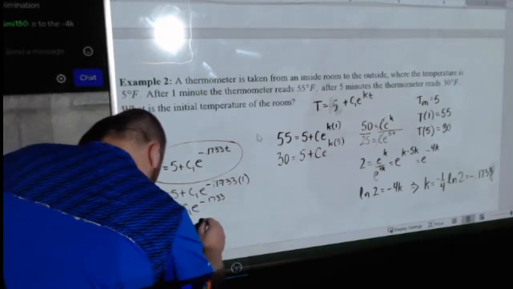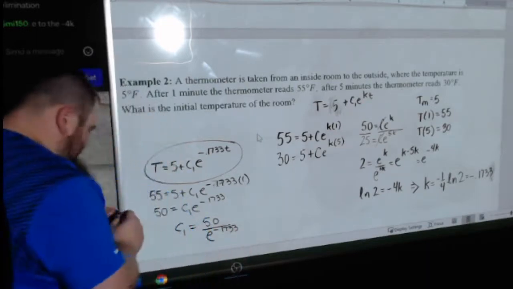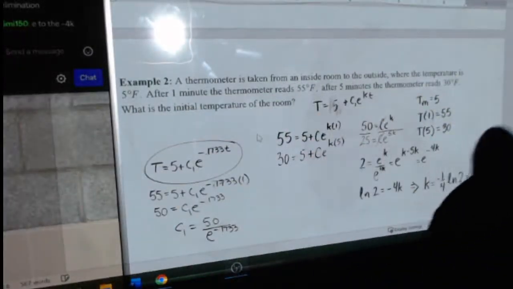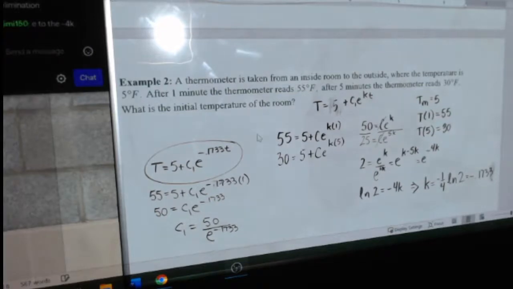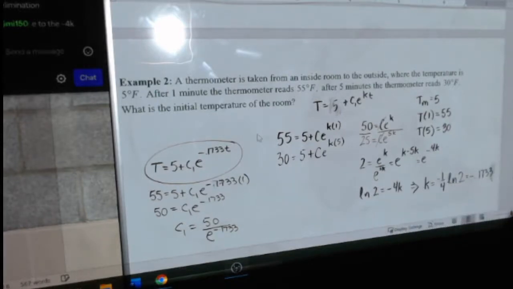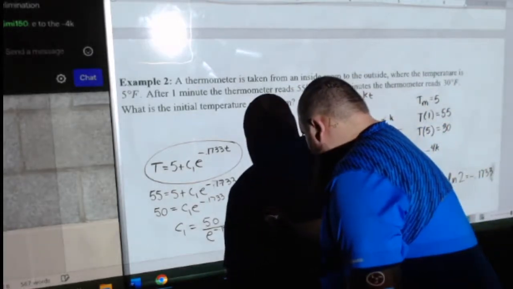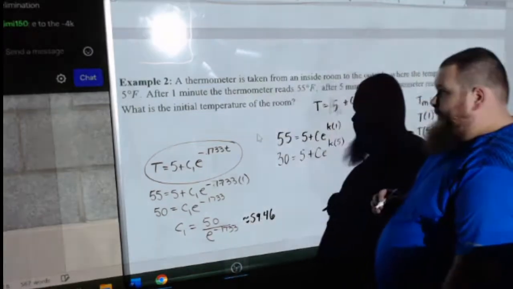And finally, C1 is 50 divided by e^(-0.1733). So for that, I got 59.46 approximately.